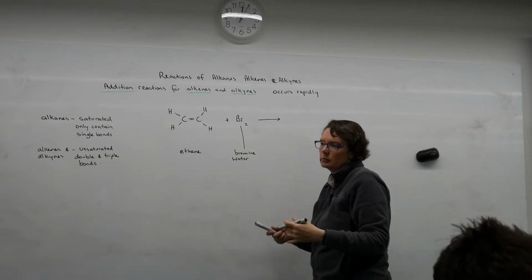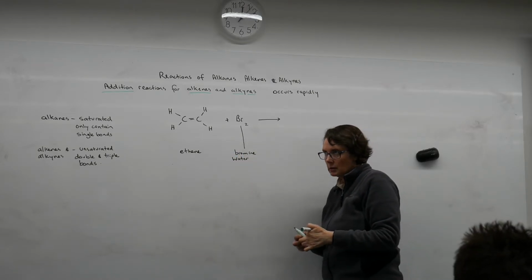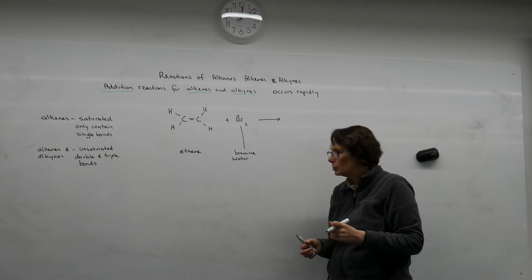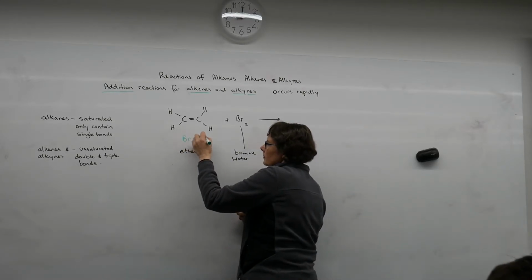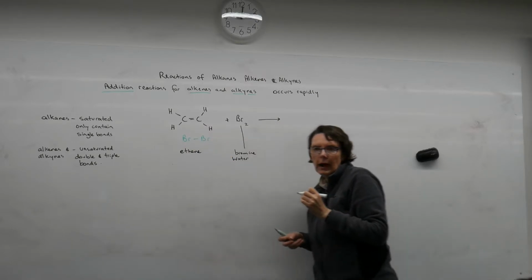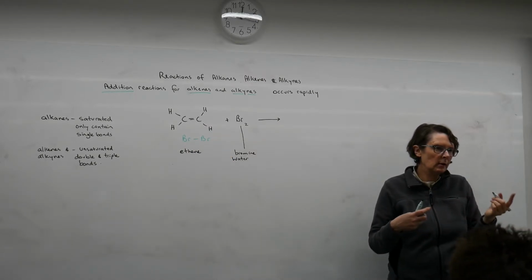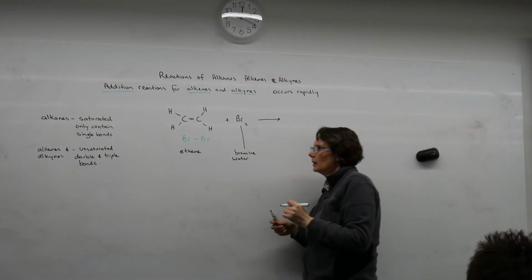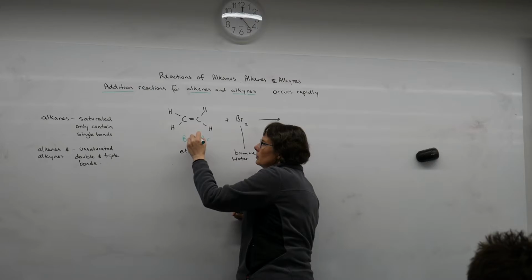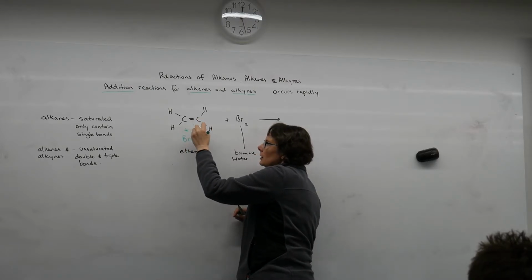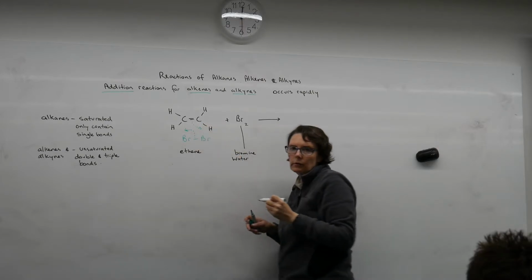So we've got some bromine molecules in water. What happens is the bromine comes up to our unsaturated molecule. This bond here will break, form a new bond, and this bond here will break and form a new bond.